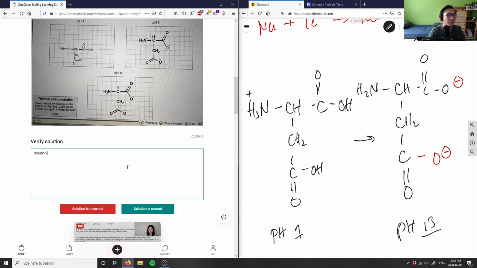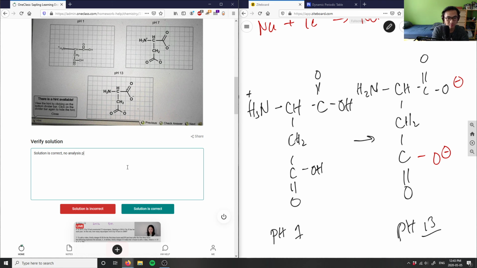So remember, if I'm increasing the pH, I'm increasing the basicity, and it's going to deprotonate my aspartic acid. If I lower the pH, obviously I have an abundance of H+, so it's going to protonate our aspartic acid here. So the solution here is correct.